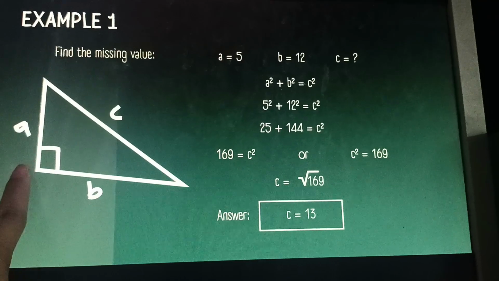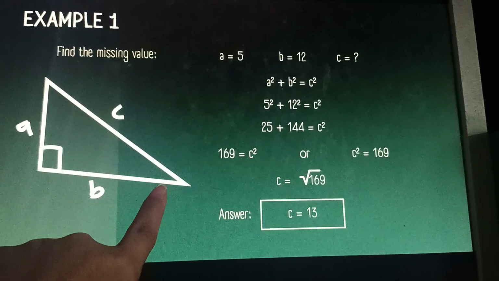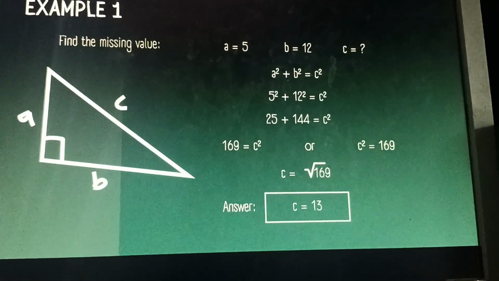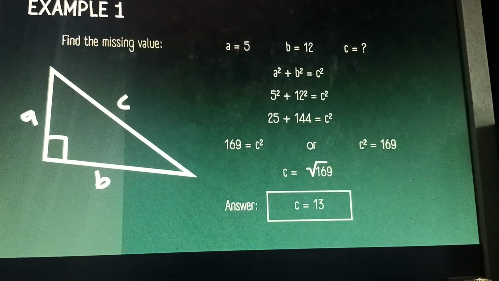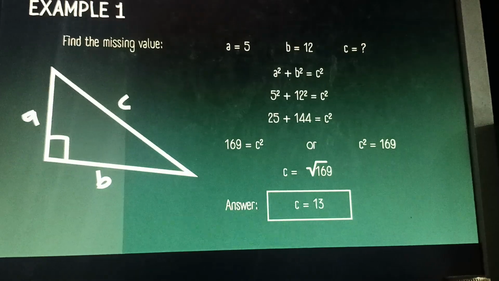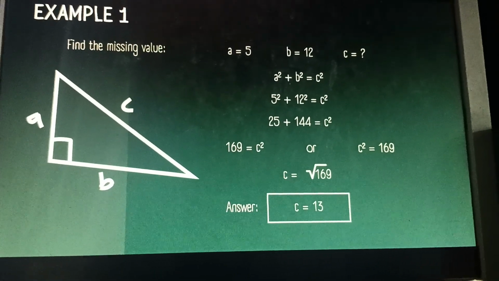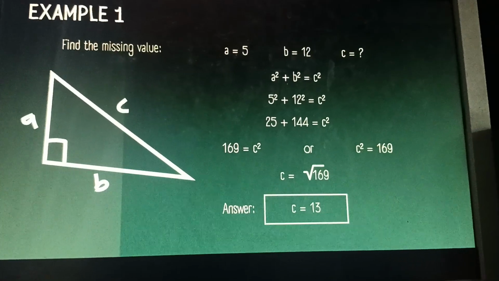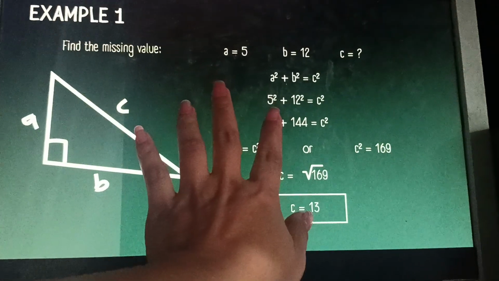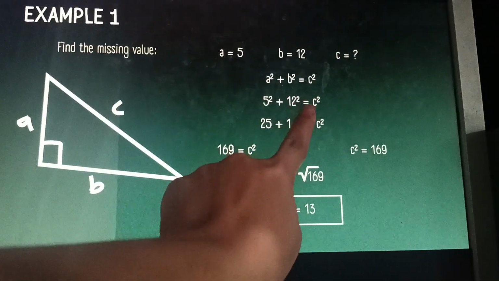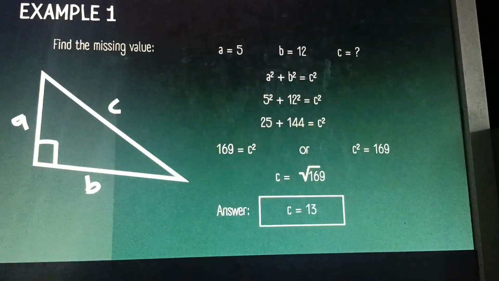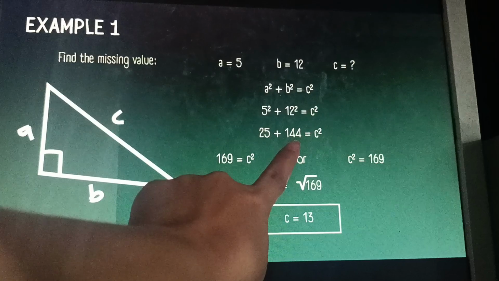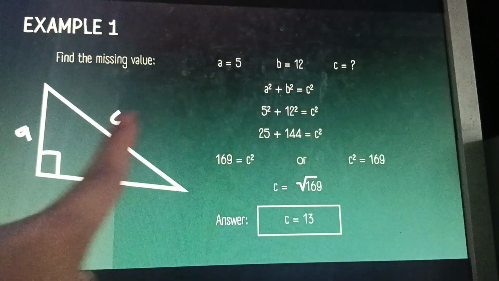The formula is a squared plus b squared is equal to c squared. Let's substitute the values of a and b. So 5 squared plus 12 squared is equal to c squared. The square of 5 is 25. The square of 12 is 144.